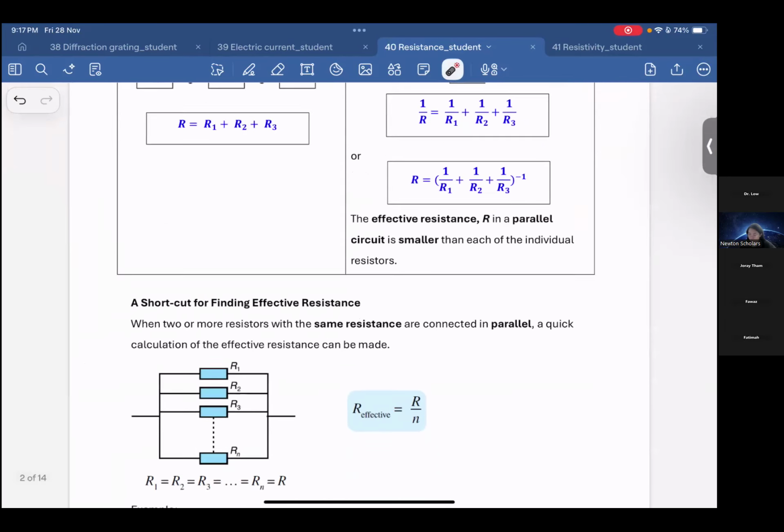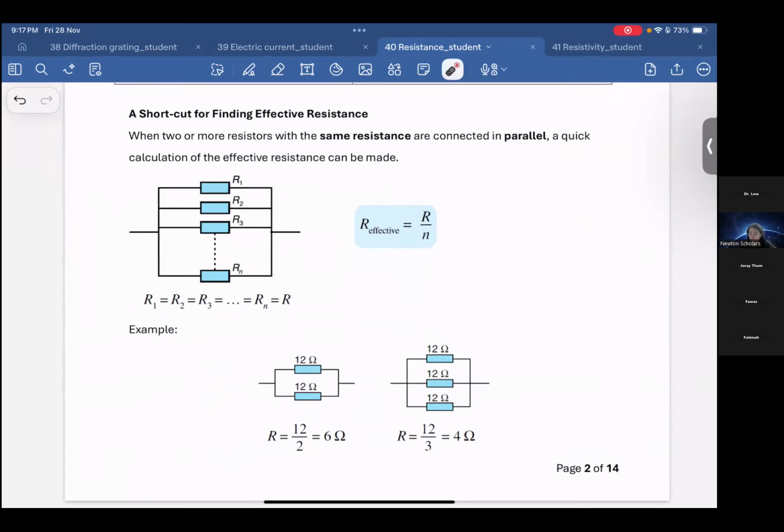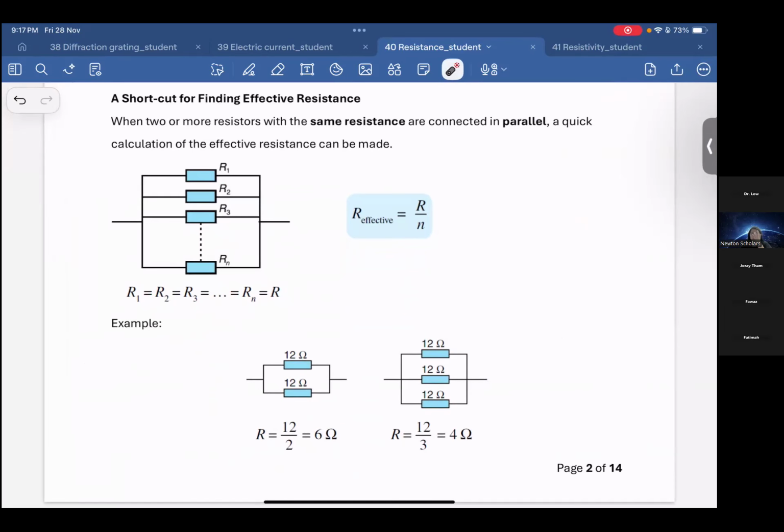If there is a shortcut way to find the effective resistance, or combined resistance, it works only if all the resistors connected in parallel have the same resistance. If one of them is different, you cannot use the shortcut.